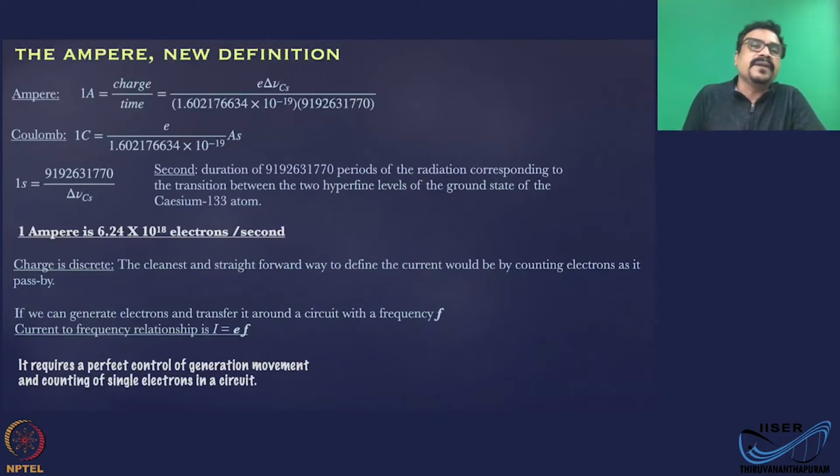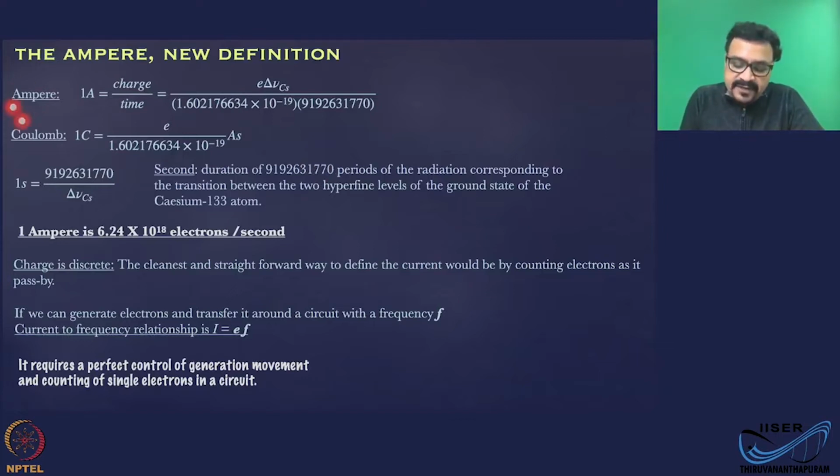The definition for the ampere, the unit of current, is basically charge per time: a charge of 1 coulomb and a time of 1 second. So 1 coulomb per second is the ampere. The coulomb is defined by this number, because the charge of the electron is this many coulombs. And 1 second is defined in terms of the hyperfine transition of the ground state of the cesium-133 atom, which is this many periods of radiation, corresponding to 1 second.